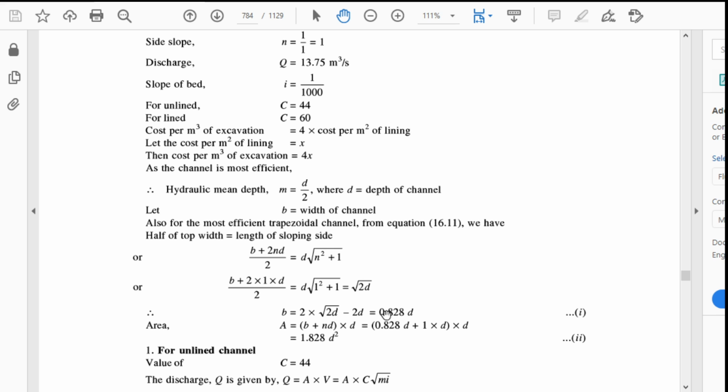Now substitute this in the equation of area, that is BD plus ND square, and you will get 1.828 D square. Area will be equal to 1.828 D square.